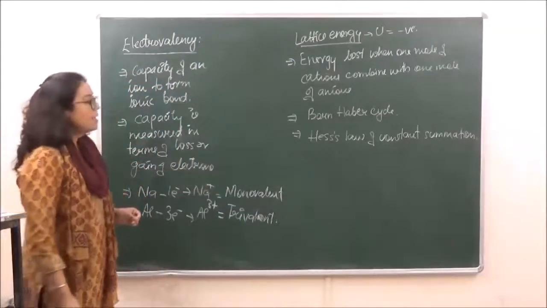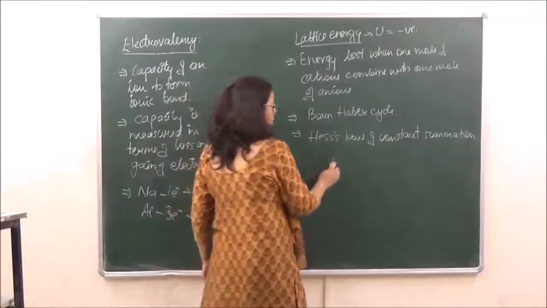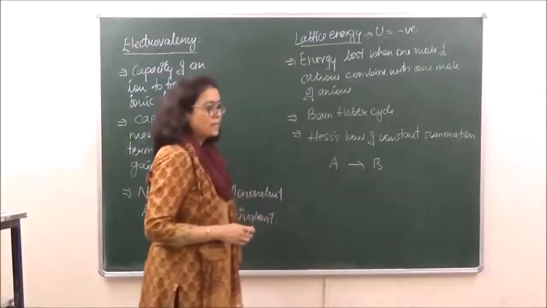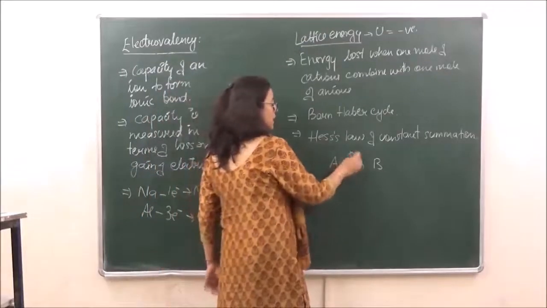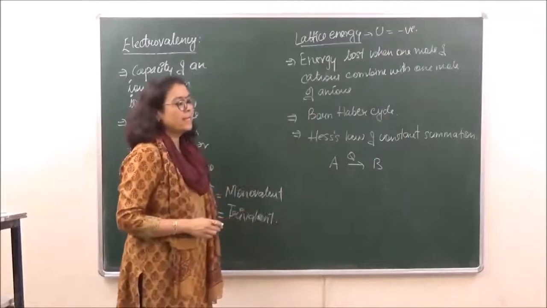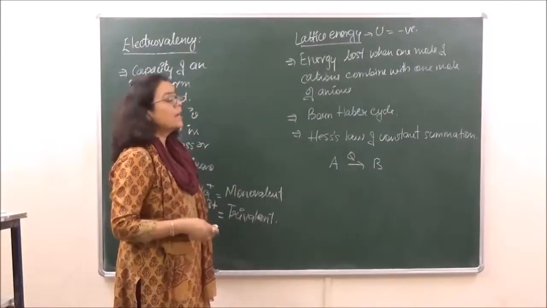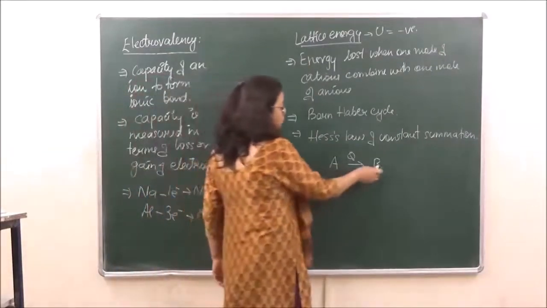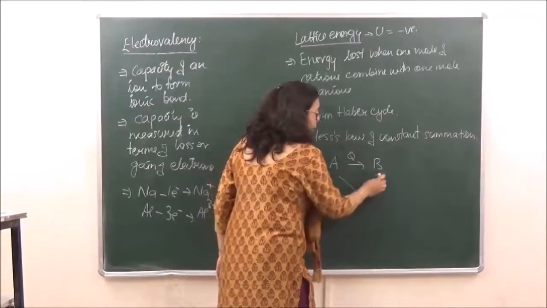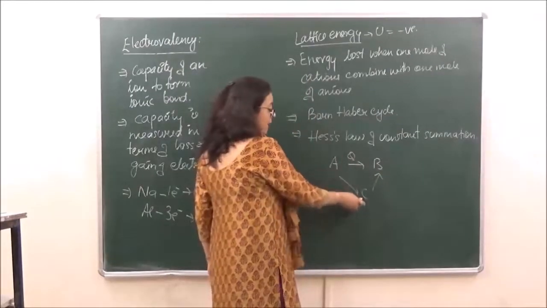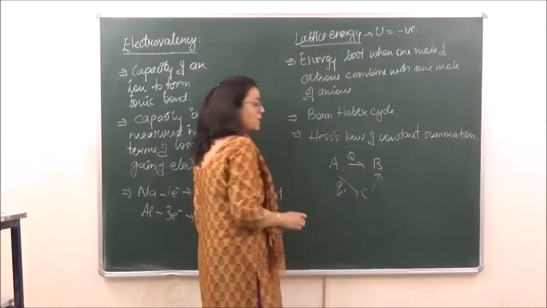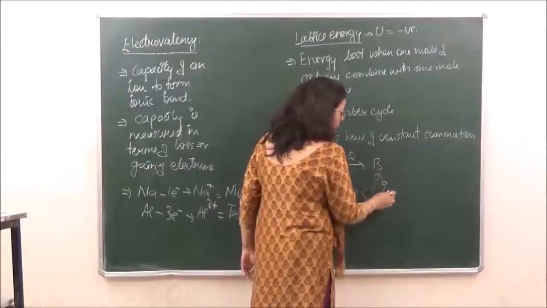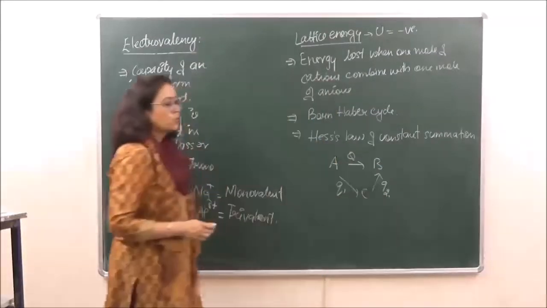What does this law say? According to this law, suppose we are doing a hypothetical reaction in which A is being converted to B, right? And the energy which is required to convert A to B, let's say that is equal to Q. Required or released, whatever the energy changes, let's say that is equal to Q. Now, if we form B through an intermediate C, when A is formed into C, the energy change is equal to Q1, and when C is formed into B, the energy change is equal to Q2.